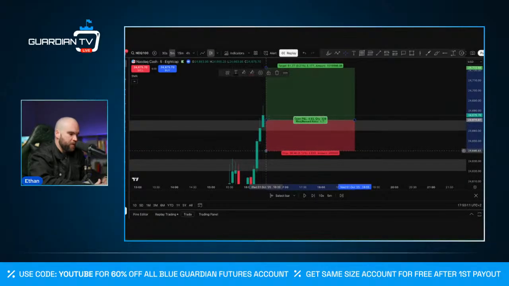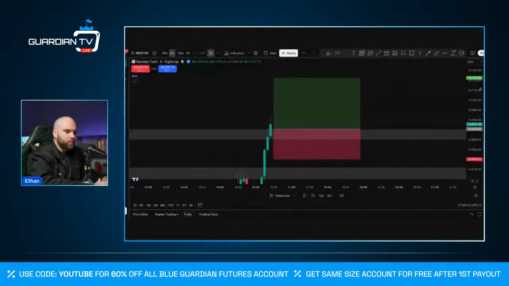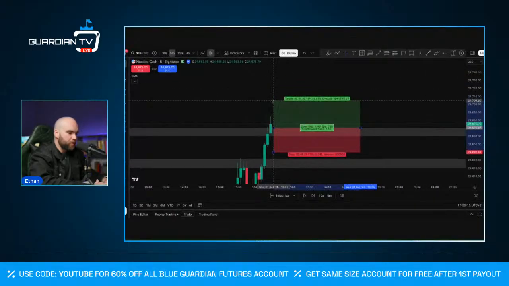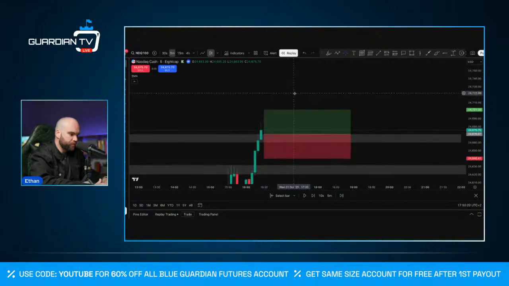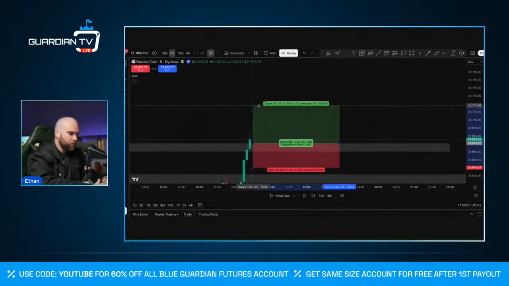Now, when you're taking these trades, you're wanting to go for either a 1-to-1 risk reward ratio, which will mean a target of 30 points, or you can go for a 1-to-2 risk reward ratio with a target of 60 points. But remembering that if you go for a target of 1-to-1 with this strategy or any other strategy, you're generally going to have a higher win rate because the target isn't as far away.